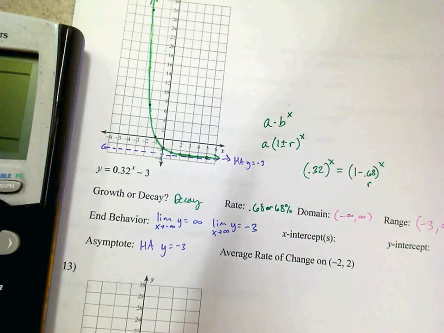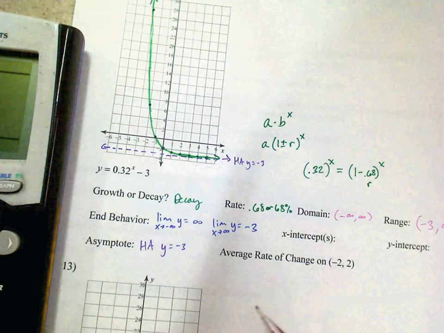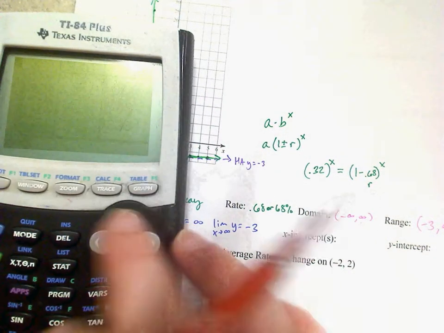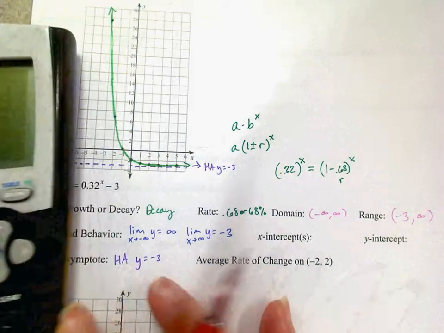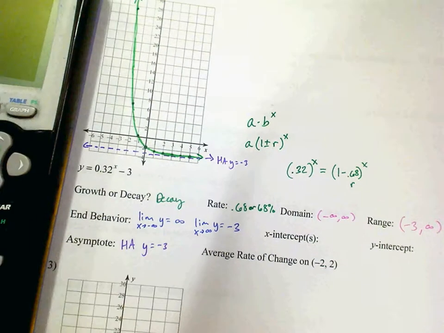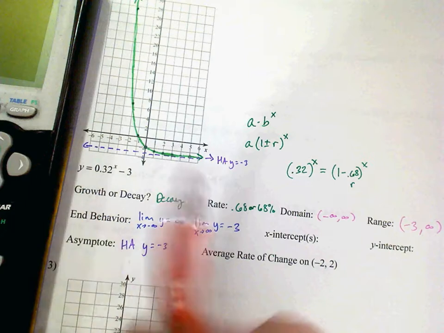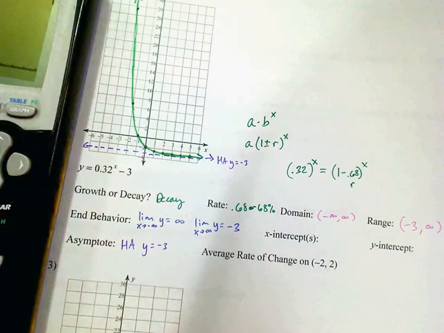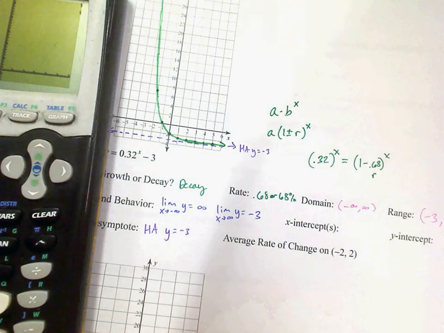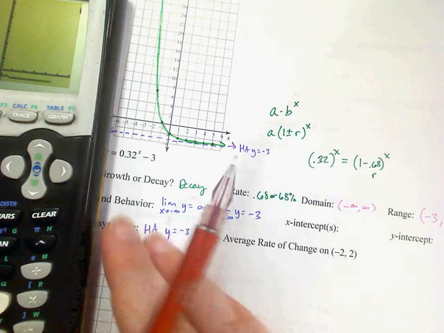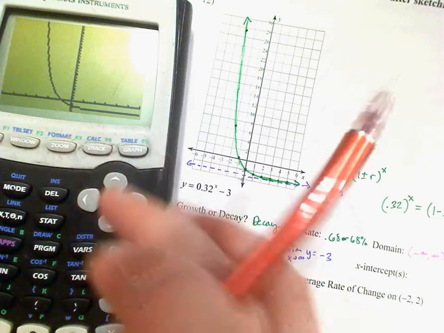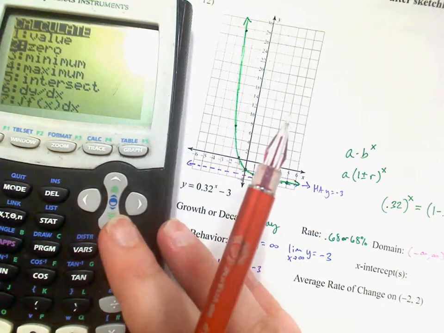The x-intercept is where it crosses the x-axis, so I need to actually find that. So window, I'm going to graph from -6 to 6, and I'm going to go -4 to 30. Alright, I need to find the root where it crosses the x-axis, so second calculate number 2, the zero.